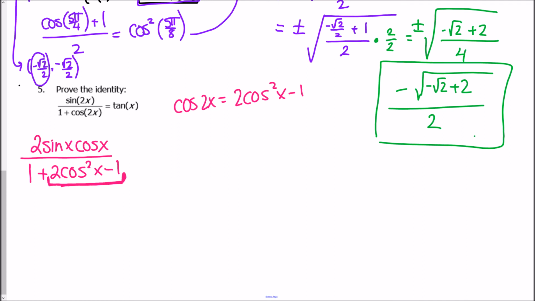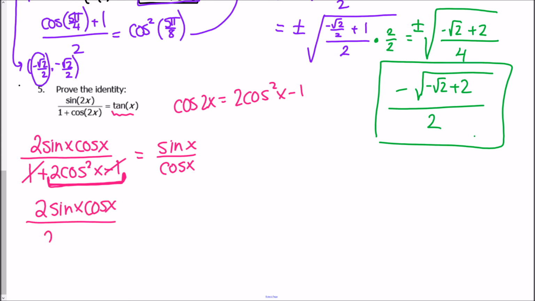So if I use this one right here, I'm replacing cosine of 2x, and I'm going to change tangent of 2x into sine x over cosine of x. Okay, so right here my 1's cancel out, so I end up getting 2 sine x cosine x all over 2 cosine squared x, and that's going to equal sine x over cosine x.